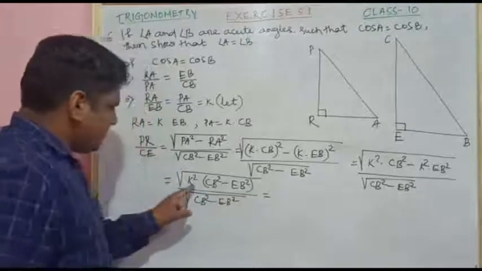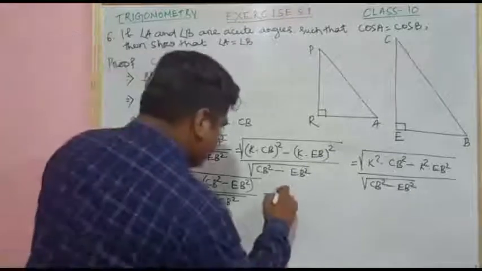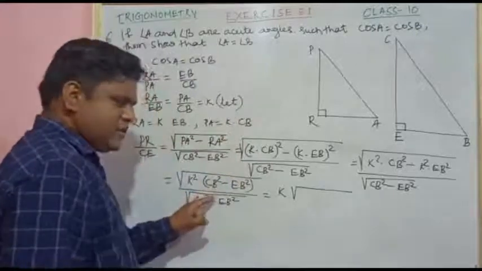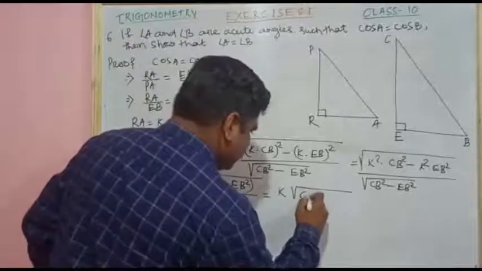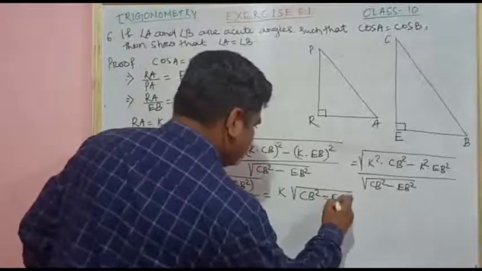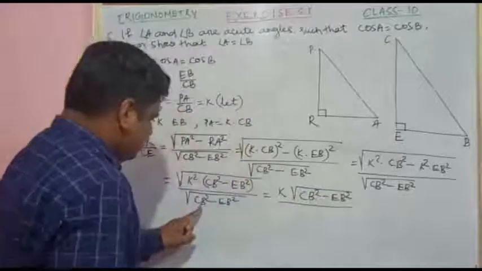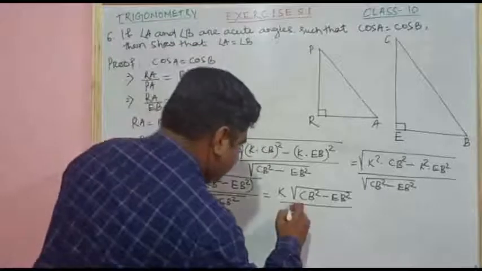So it will be root over of K square, which is K, and the remaining part will remain inside the root, CB square minus EB square, by root over of CB square minus EB square.